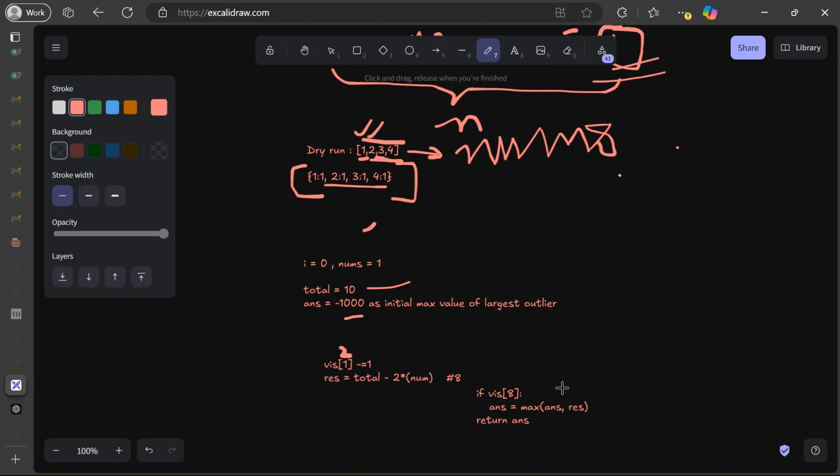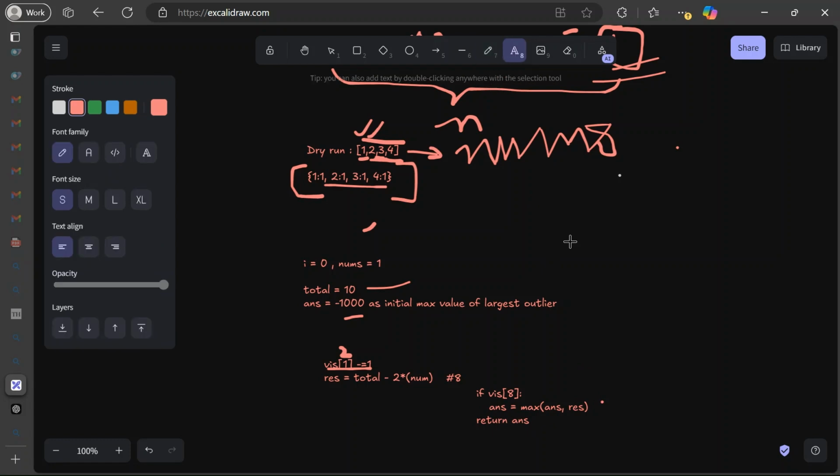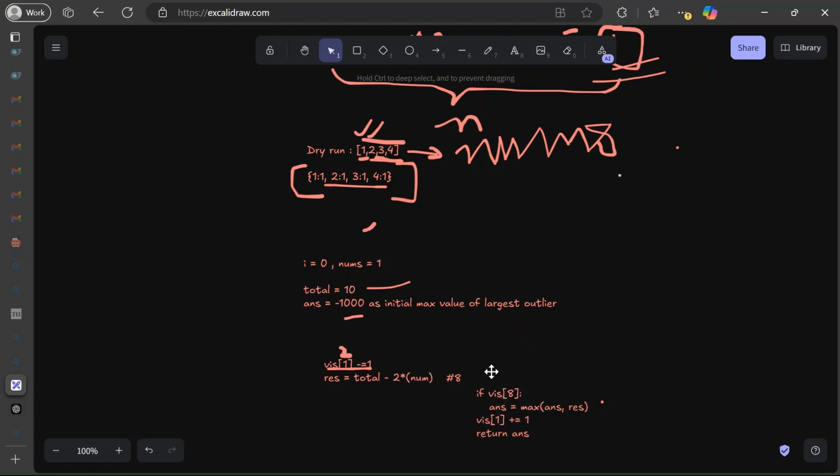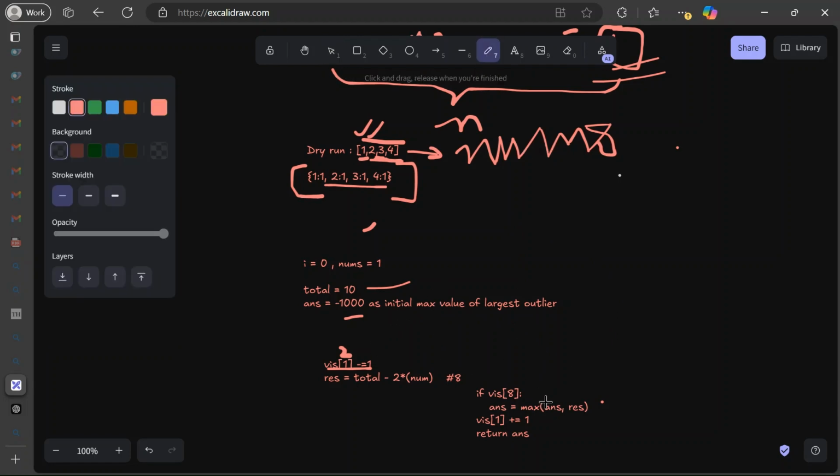And I would not forget to restore this before calculating, because in the next iteration it would cause a problem if I don't restore this to its original value. So for 2, I would go on like this.